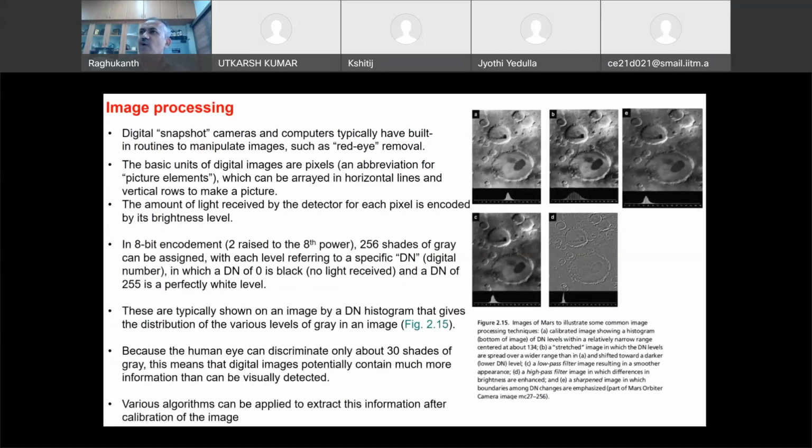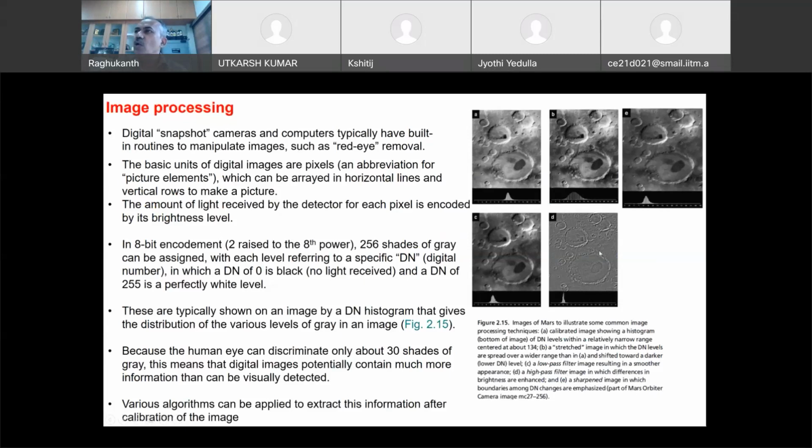You can increase the brightness by changing the DN, the digital number, and play with it. For example, these are the same image, A, B, C, D, E, looking at different portions. Like the histogram here, you can see it has been changed, like a stretched image at the DN levels. If you change the digital number, you get a variety of results.